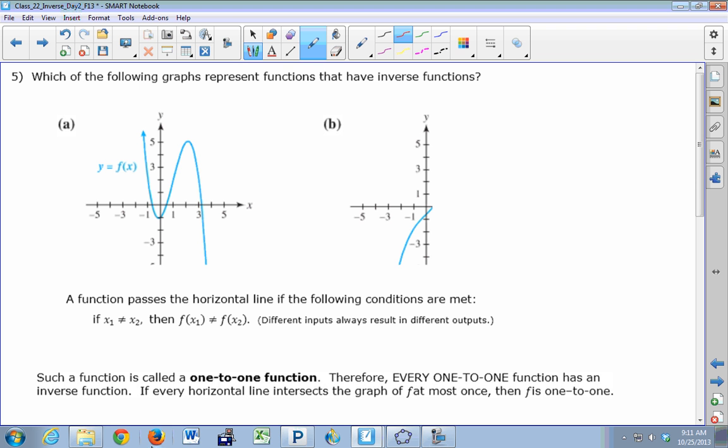So any place, in fact, I can draw zillions of horizontal lines through here that shows that it fails. So if I draw this one, you can see it hits it at 1, 2, 3 spots. So with this function, I can put in different values of x and still come right up to 4. So this fails the horizontal line test, the HLT, so it does not have an inverse function.